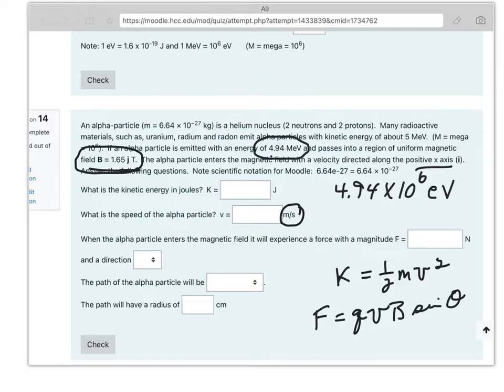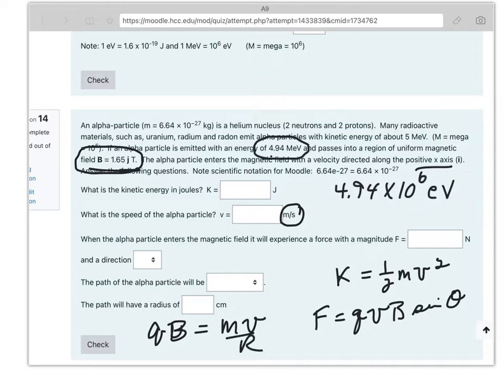And the path of the alpha particle will be a circle because that's the way particles in a uniform field move. Why? Because the force is always perpendicular to the velocity vector. And the radius, you just go back to our equation, remember from last time, QB equals mv over r.